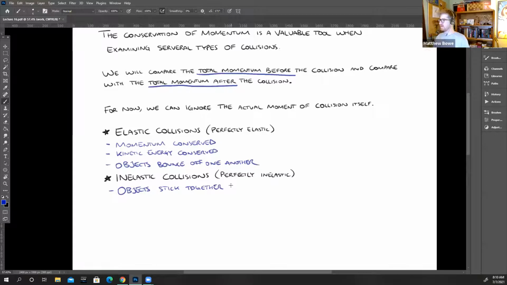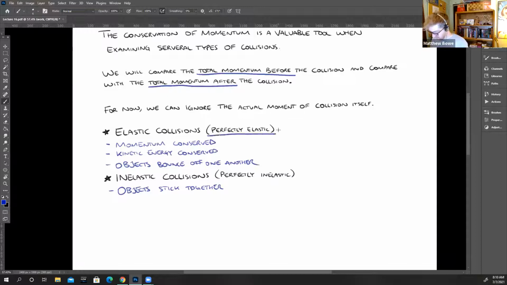Think of if I were to drop a ball of clay from the same height I dropped the bouncy ball from, it would hit the ground and splat, and it wouldn't bounce at all. It would stop moving. Or some sort of collision where the two objects mesh together or combine. This is an inelastic collision. Perfectly inelastic and perfectly elastic.